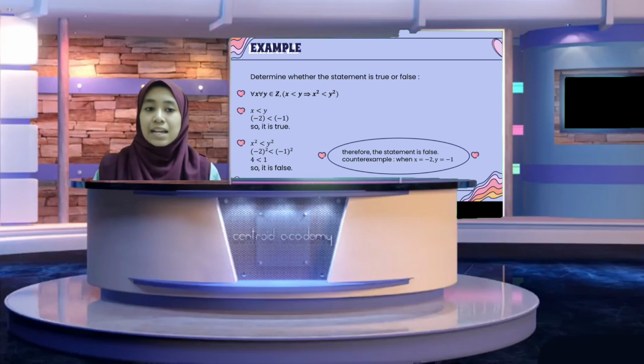Therefore, the statement is false, since it is a conditional statement where the hypothesis is true and the conclusion is false. The counterexample is when x equal to -2 and y equal to -1.